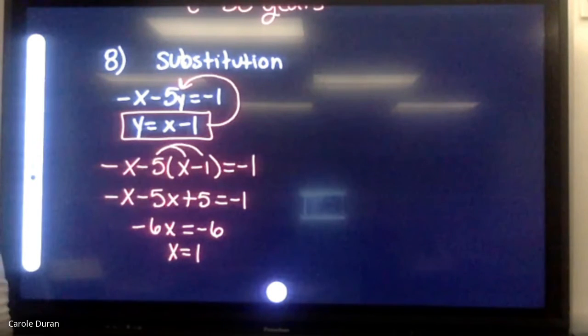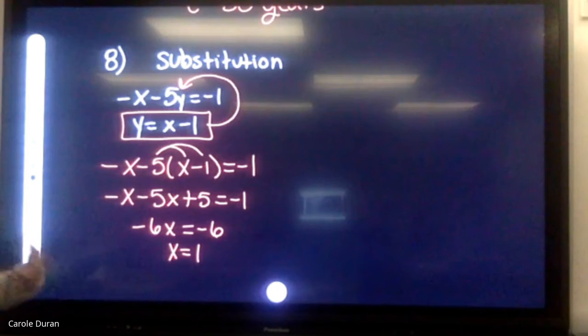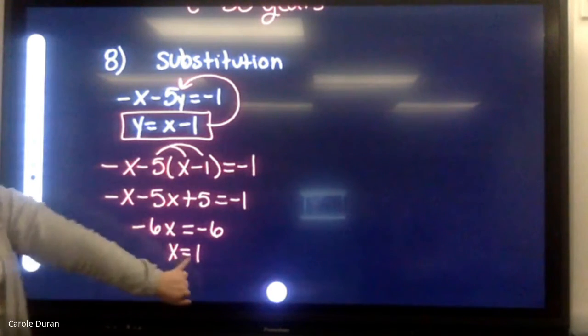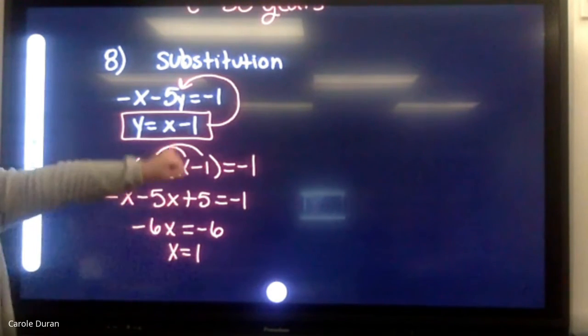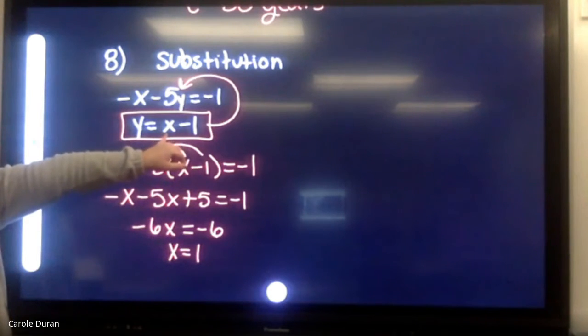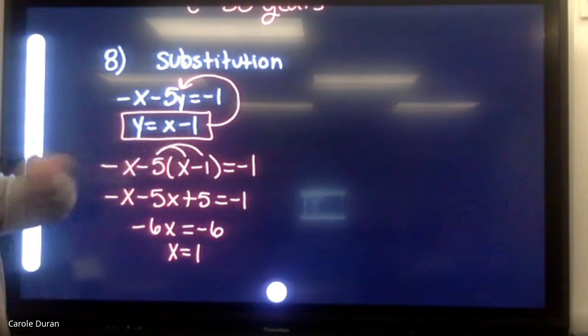Am I finished? No, because you have to put the x in for the x in y equals x minus 1. I need to solve for each of my variables. So like Ebony said, I'm now going to take this x equals 1 value, and I'm going to substitute it in for the x in that y equation, and I'm going to solve for y there.